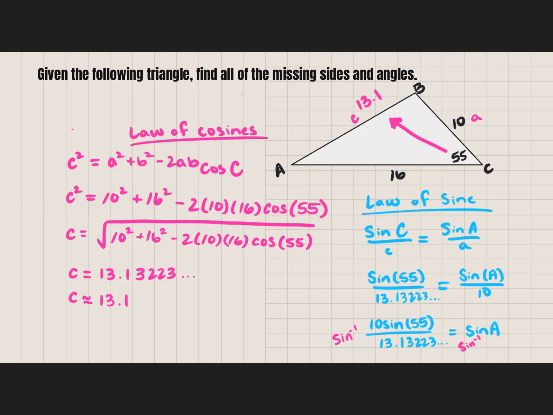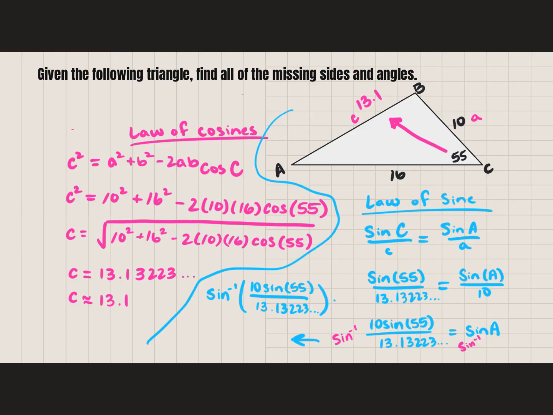So that's going to give me inverse sine of 10 sine of 55 over 13.13223..., close parentheses, that equals my angle A. And if I simplify using my calculator, I get, if I round to 3 significant figures, 38.6 degrees, okay?